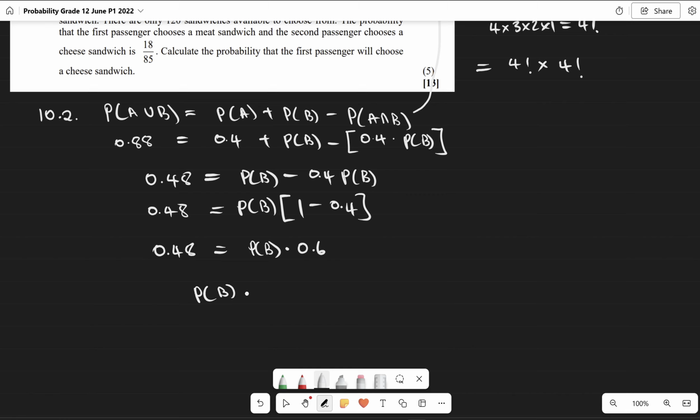Therefore, the probability of B is 0.48 divided by 0.6, which is 4/5. We can leave that as it is or write it as a fraction. It is up to you.